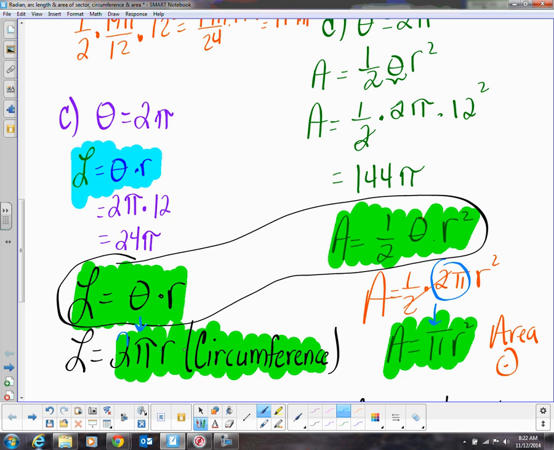It is your choice whether you remember 4 formulas or whether you remember 2. As far as my teaching, I'm going to work with 2 only. And I'm going to remember that theta in a full circle is 2 pi. The reason I'm doing that is it cuts in half the number of formulas you have to remember. By the end of this school year, there's going to be a lot of formulas you're going to need to know.